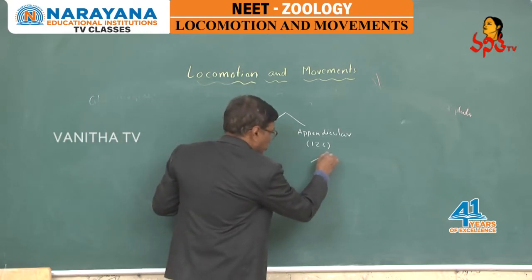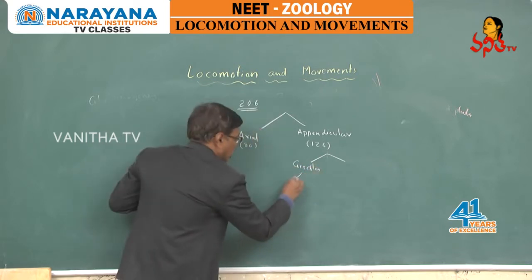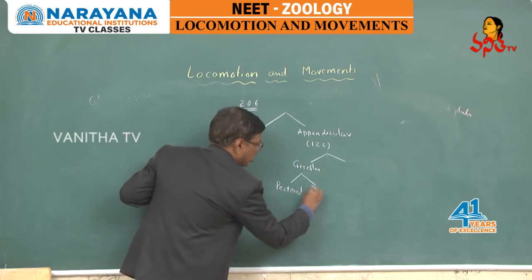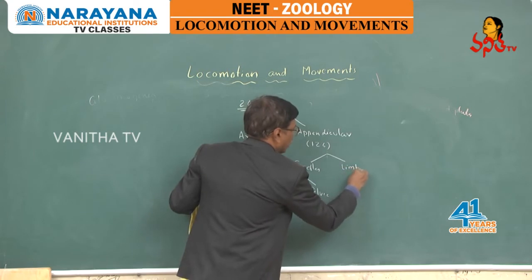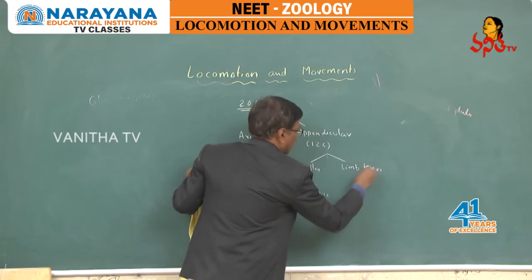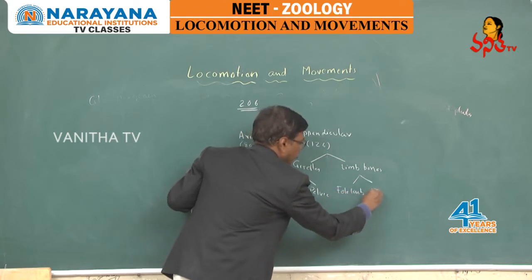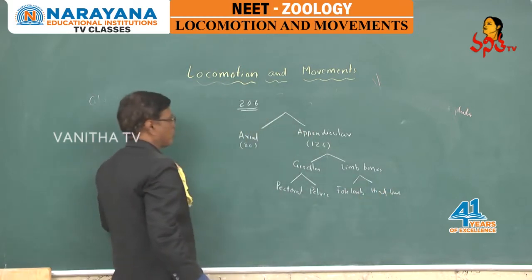That includes the girdles, the pectoral girdle and pelvic girdle, and the limb bones, forelimb bones and hindlimb bones. These two are the parts of the appendicular skeleton.